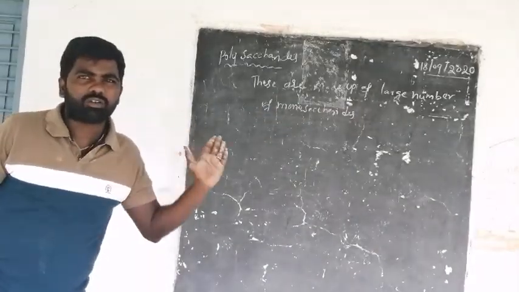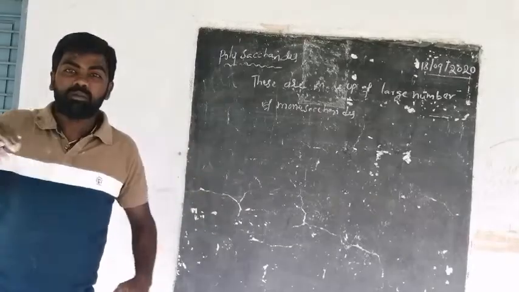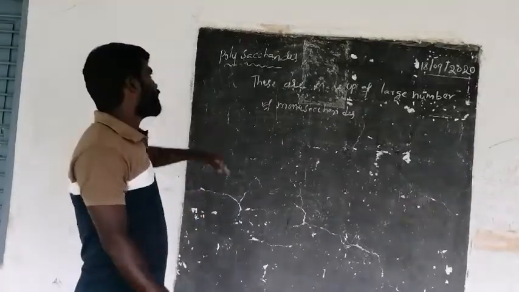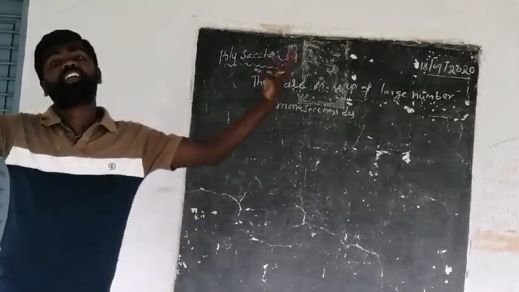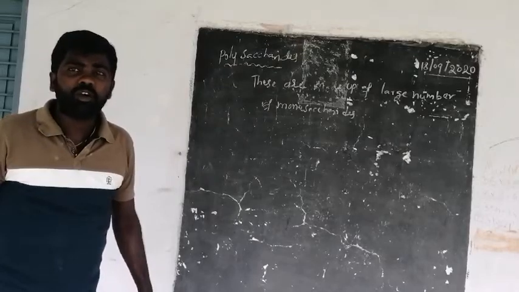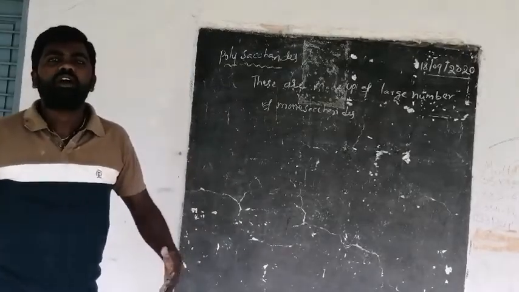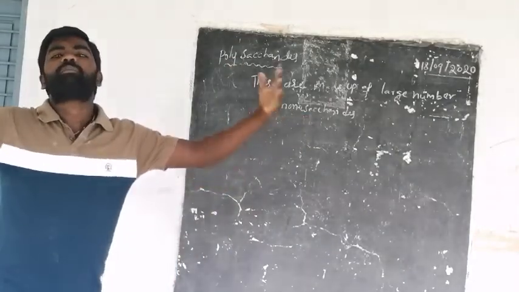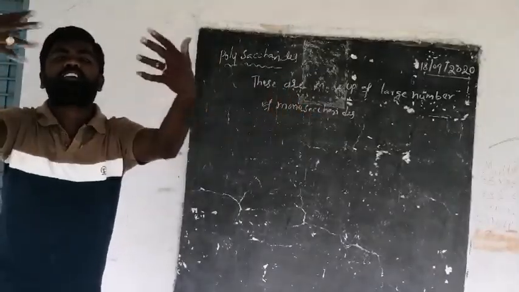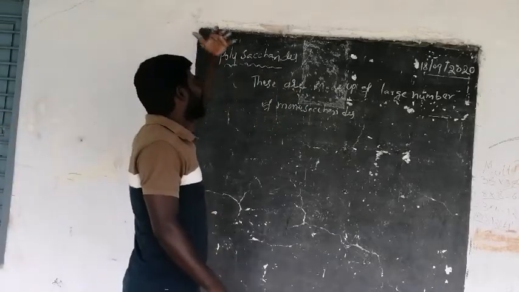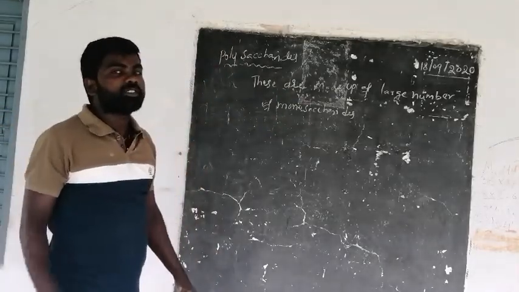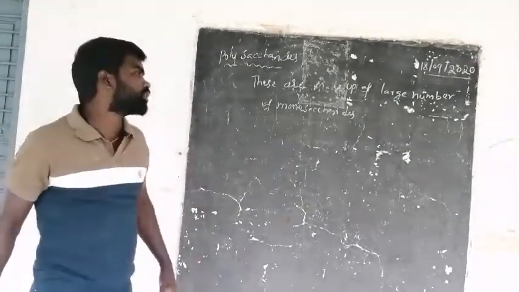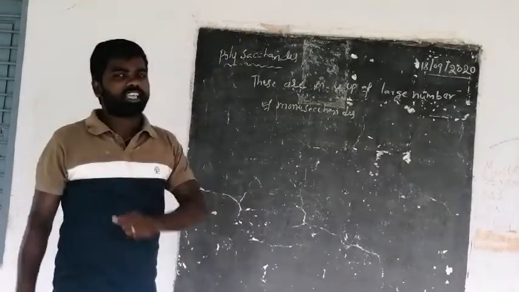Not 1, not 2, not 3, not up to 10, but more than 10 monosaccharide units are joined together to form a polysaccharide. Poly means many, saccharides means sugar units, so many sugar units are combined to form a polysaccharide.